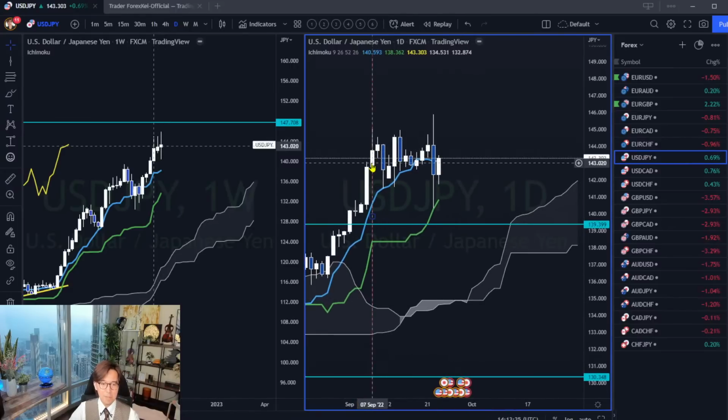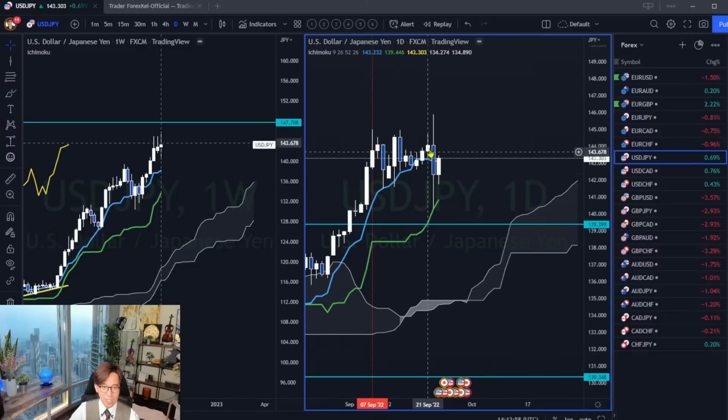Since 7th of September, the market has been ranging. So while it's ranging, there are buyers and sellers. And these buyers in the range put their stop losses below the wick, below the support. And sellers since 7th September have been putting the stop loss above the resistance.